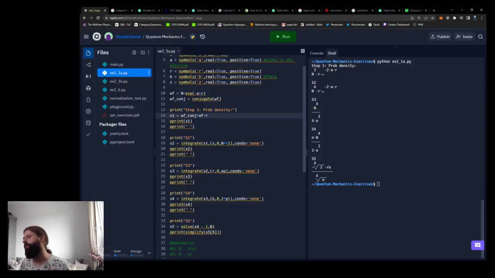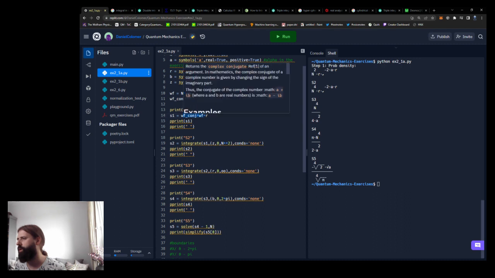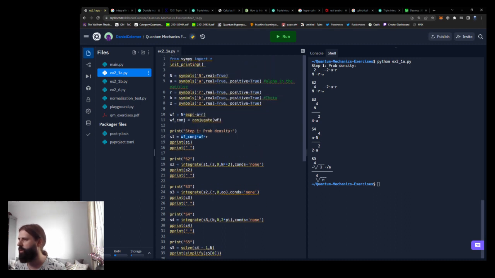It's almost there, but my function is this one. It's the complex conjugate. We're assuming it's real. If I don't assume that, then it's messed up.